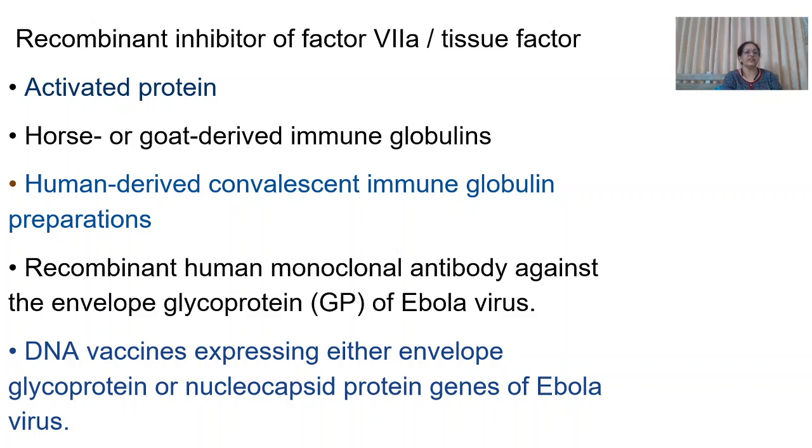Human-derived convalescent immunoglobulin preparations, as well as recombinant human monoclonal antibodies against the GP, which is the enveloped glycoprotein of Ebola virus, can be used in the treatment of this disease.